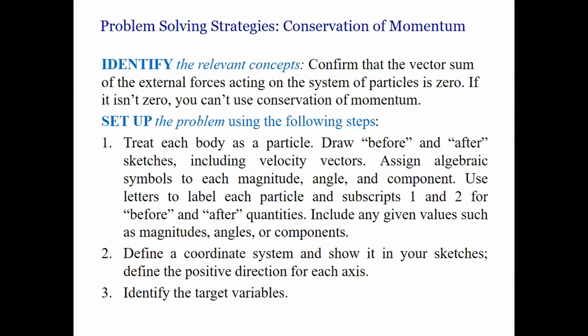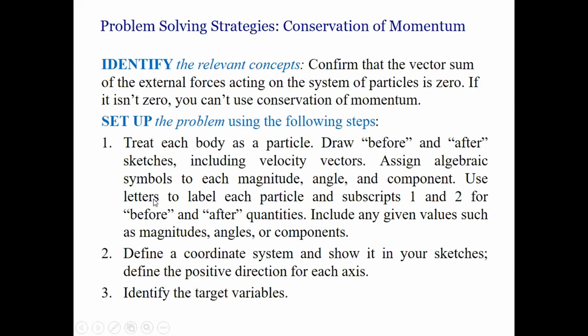We will treat each body as a particle. We will draw before and after the collision or the action sketches. We will include velocity vectors. We will also assign algebraic symbols to each magnitude, angle, and component.